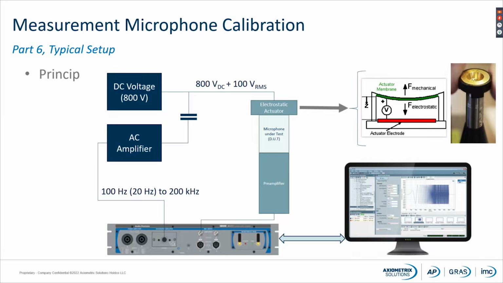We will also have a DC supply, normally an 800 volt DC supply. The 800 volt with the 100 volt excitation signal will go to the electrostatic actuator. Then we have our microphone under test and a preamplifier, and then back to an analyzer. So we are actually able to make a frequency response.